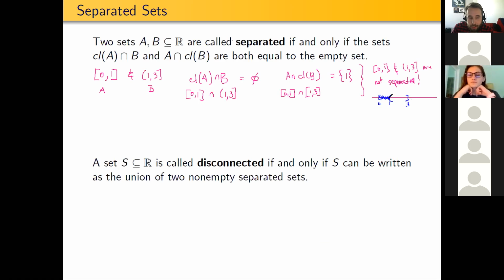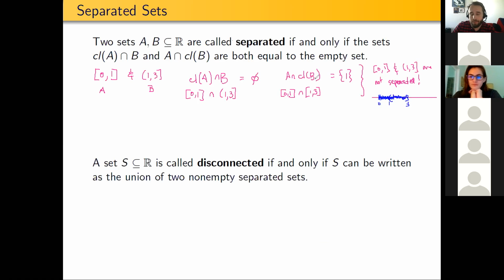The first set includes the number 1. The second set includes everything down to the number 1. So even though it didn't include 1 itself, when we take their union, they end up forming a continuous, connected segment. And so they're not separated from each other.